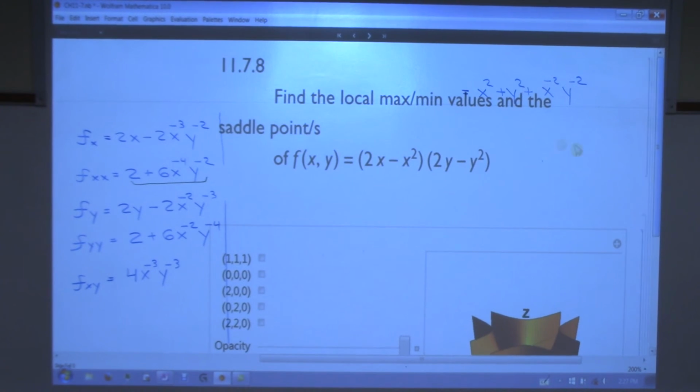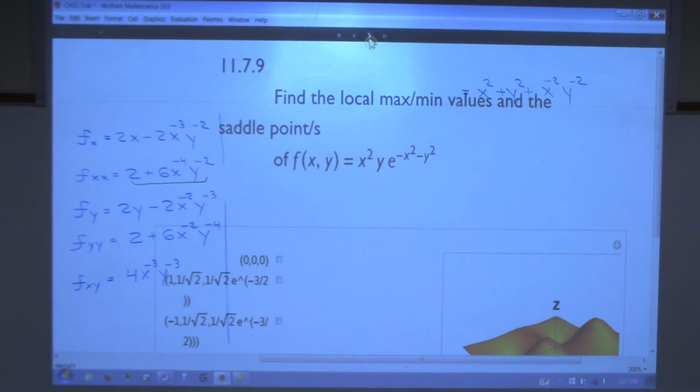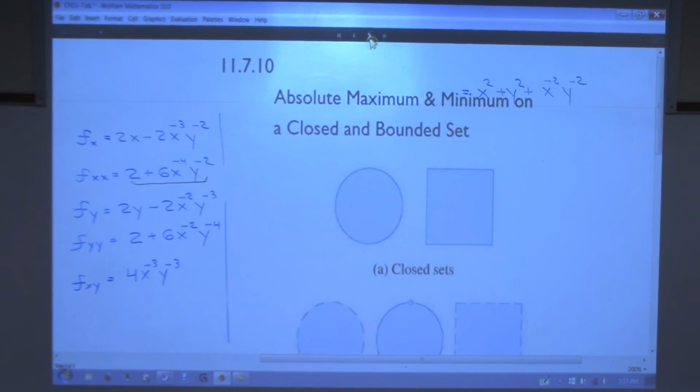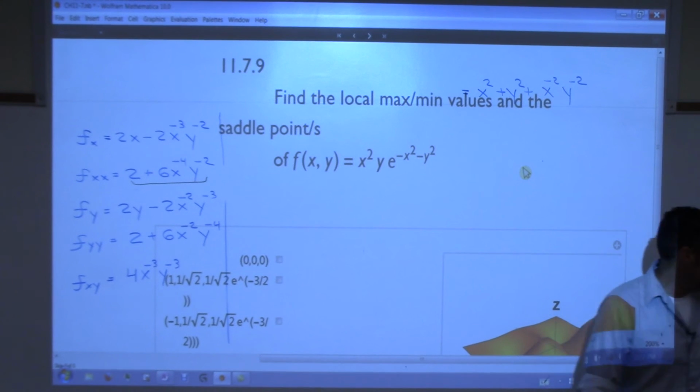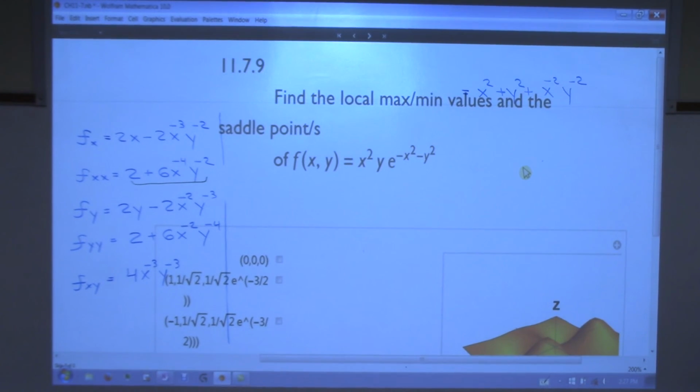Let me see what else we got here. Okay. I need to cut out a little early today because of a slight commitment that I have. What I like to do is I like to offer that as a bonus question. All right? It's not a huge bonus question, like it's not going to be worth 10 points on your final or anything, but just an exercise. But here's the catch. It's due tonight by midnight.